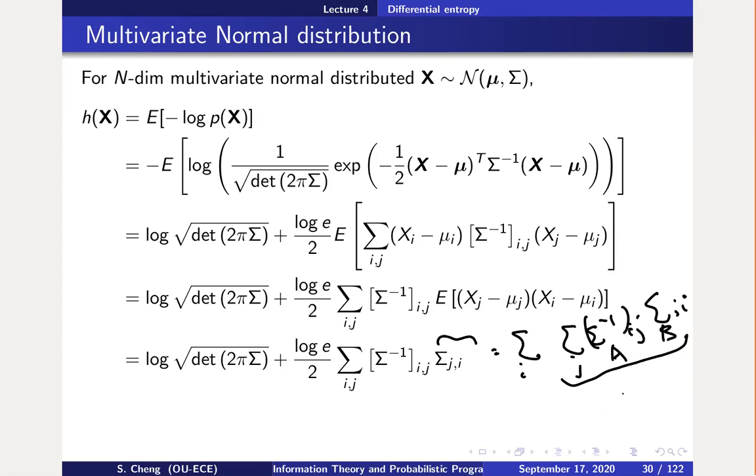This product here will be just equal to sigma inverse multiplied by sigma, and look at the i-th element of that. Sigma inverse multiplied by sigma is just the identity, so the i-th element there will be just equal to 1, right? So this whole thing is actually just equal to 1. Then the sum over i equal to 1 to n, summing over 1, the whole thing will just give me n, basically.